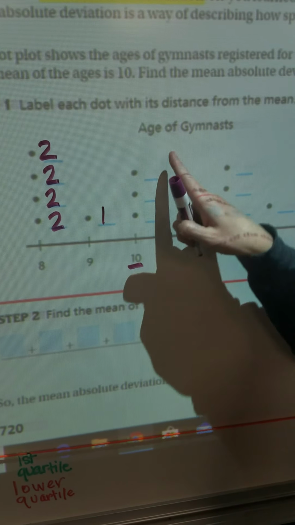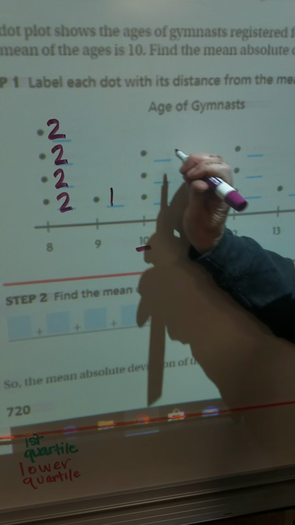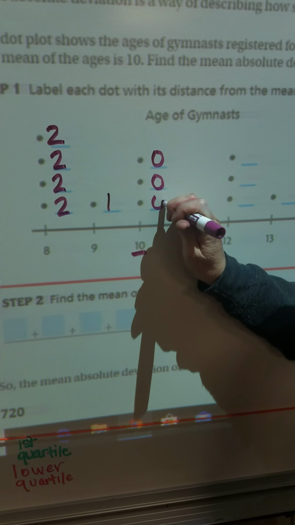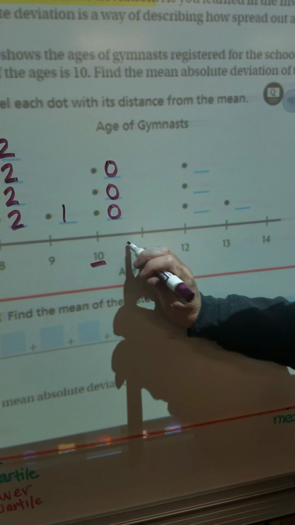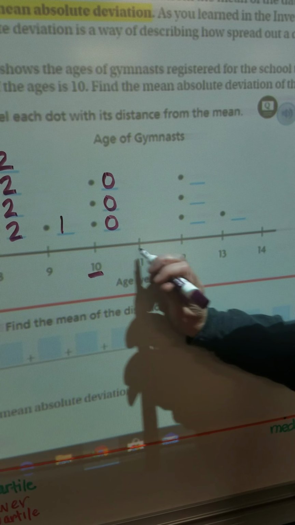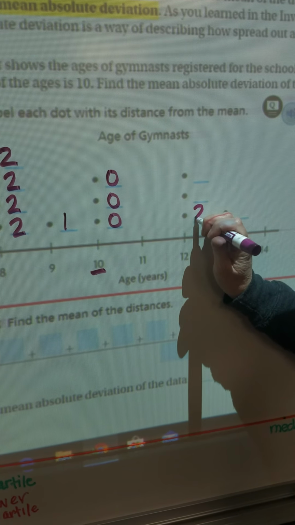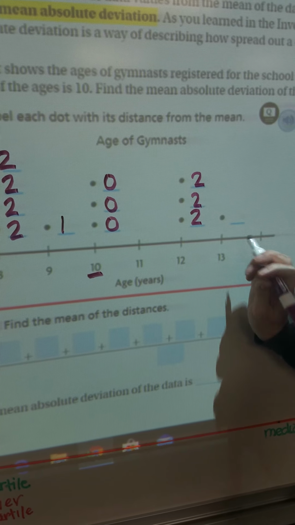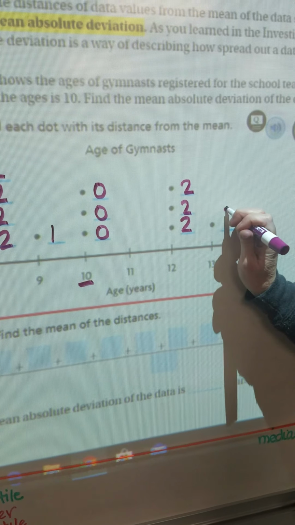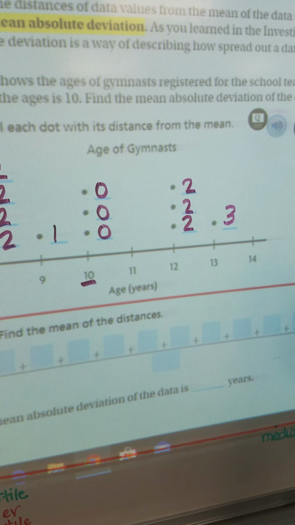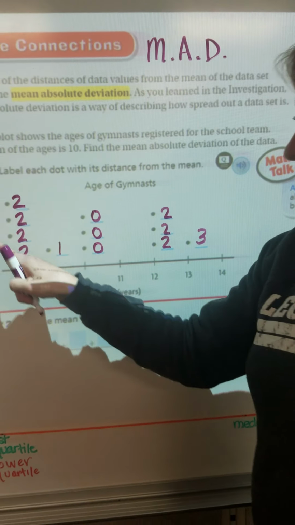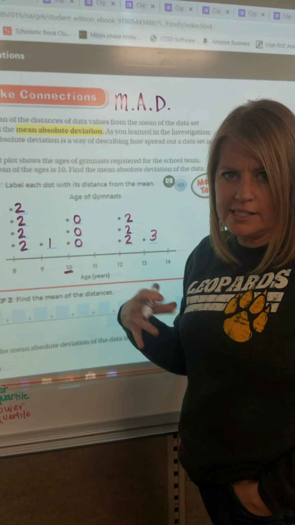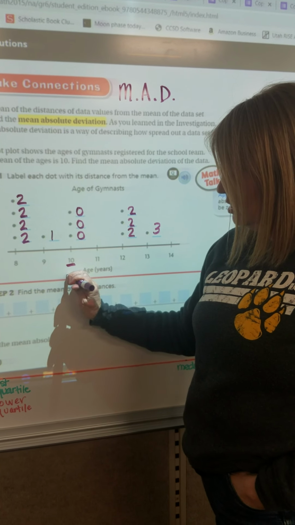All of these gymnasts are 10, which means they're 0 spaces away. The gymnasts that are 12 are each 2 away from 10. And this gymnast is 13, so she's 3 away. All of these numbers tell us how far away each is from the actual mean of 10.